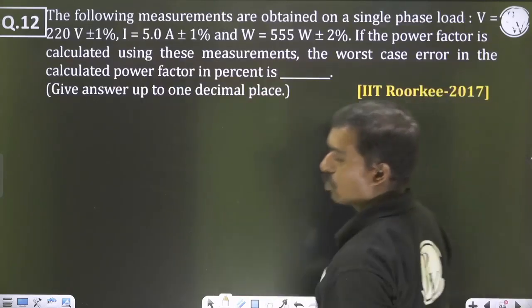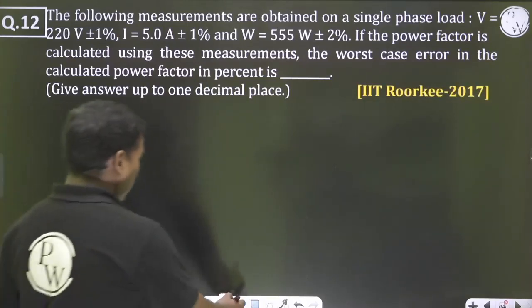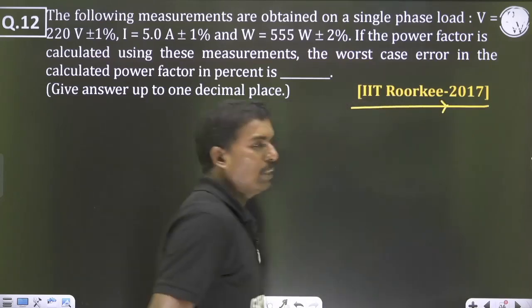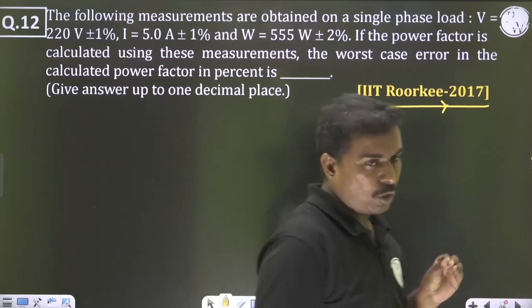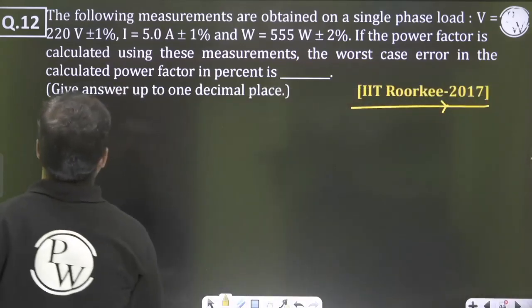First, let us solve this question number 12, then we'll go for question number 11. This question was asked in IIT Roorkee 2017. What is the question? Question number 12: the following measurements are obtained on a single phase load. V is 220 volts plus or minus 1%.